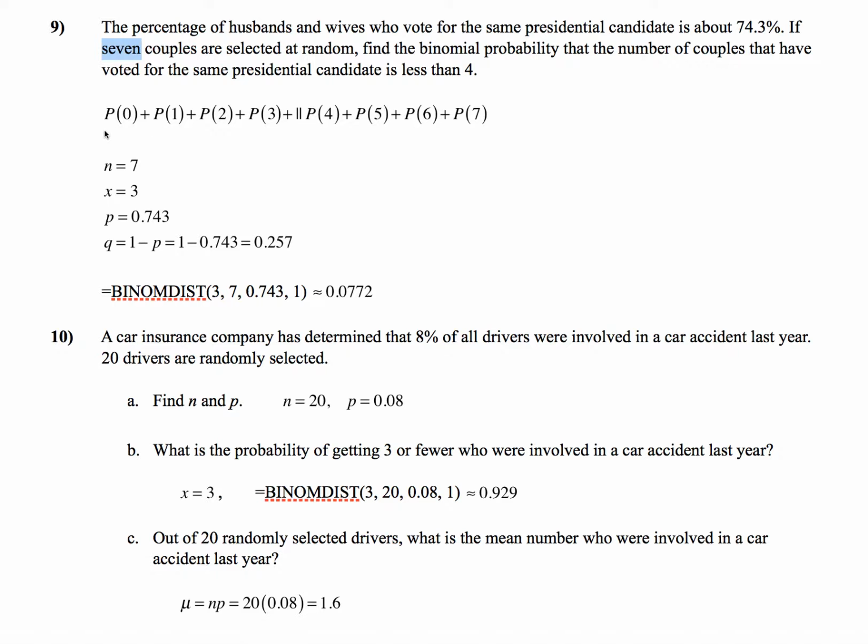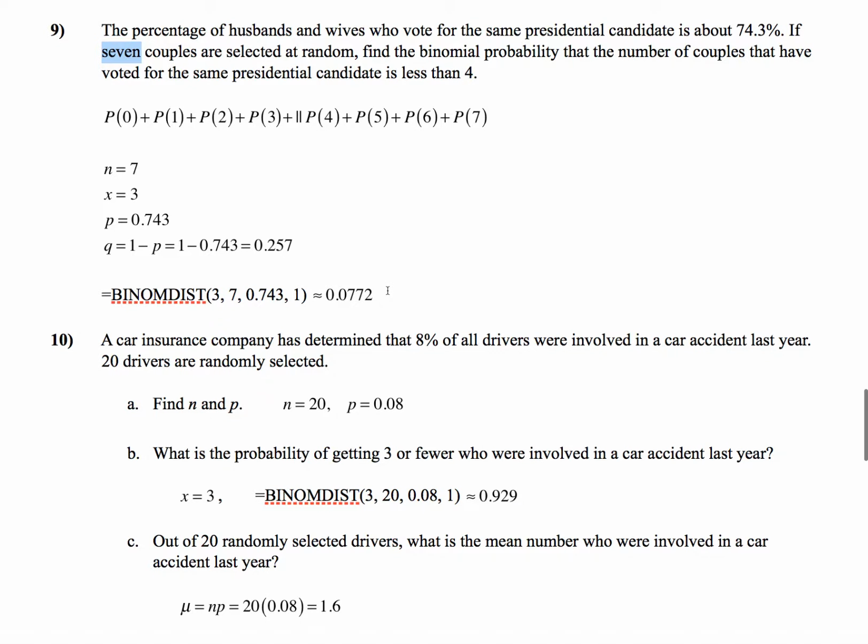So the cumulative gives you probability of 0 plus probability of 1 plus probability of 2 plus the probability of 3, because all of those meet the criteria that are requested. So you type all that in, and you'll get approximately 0.0772.